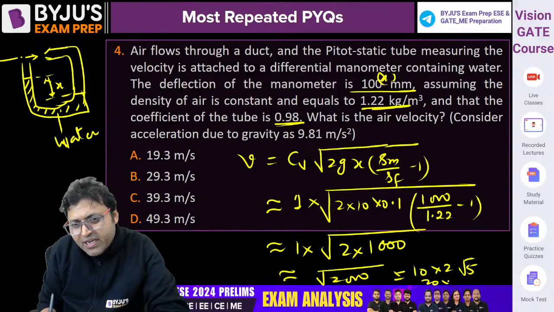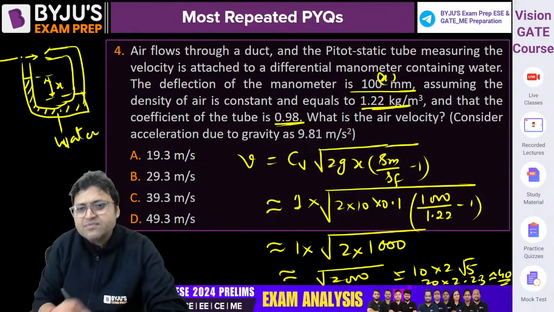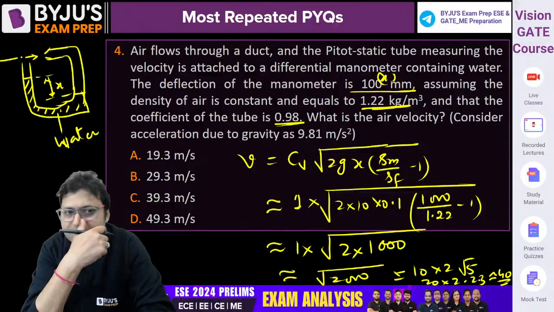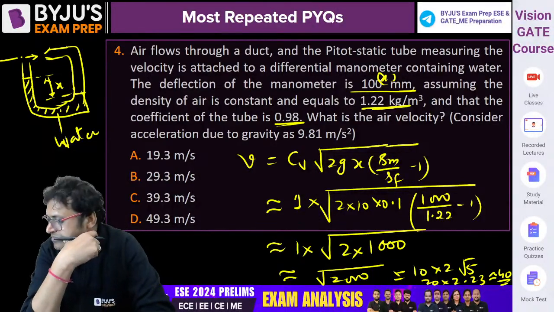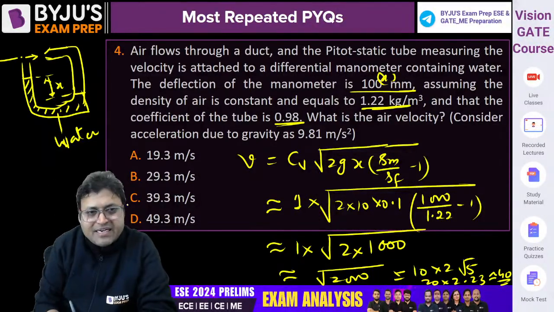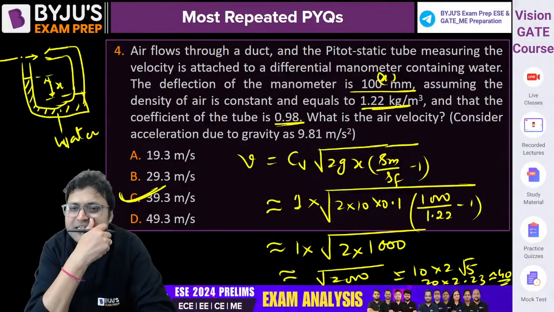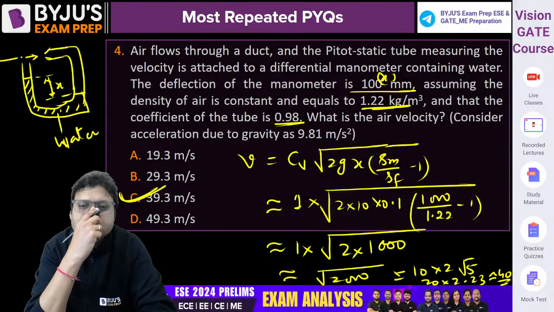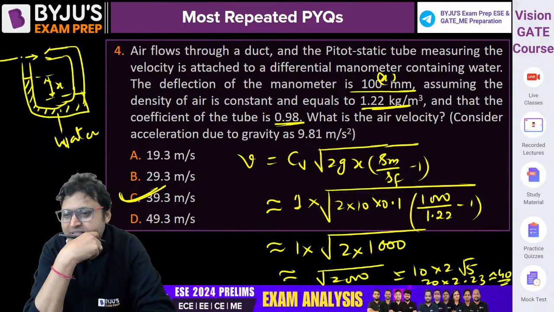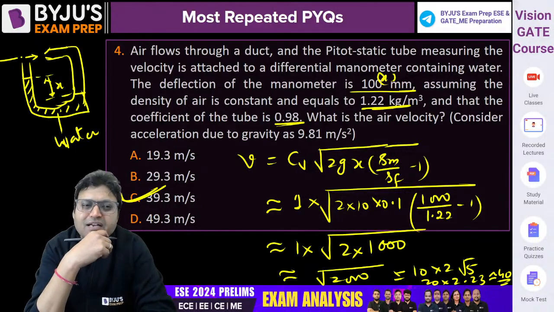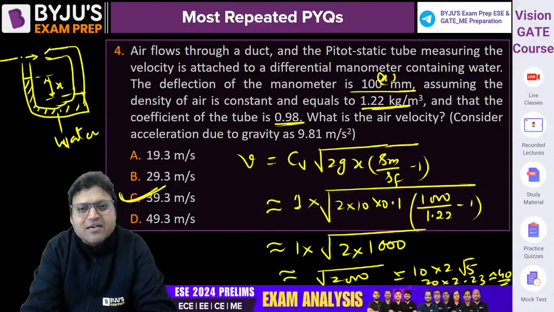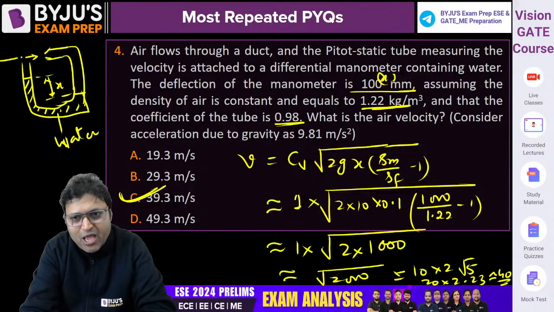So 20 into 2.23, so it is around 40. What is the answer? Isn't it 39.3? It is close to 40. So 39.3 will be the correct answer. I hope you understand this.